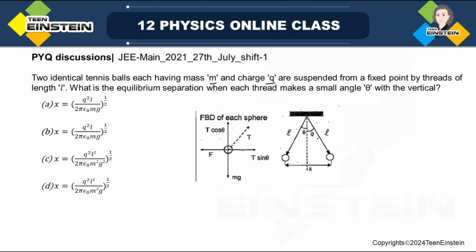Look at this figure over here. So two identical tennis balls, each having mass m and charge q. You might agree with me that whenever there are identical charges, they will experience a repulsive force, right, due to the electrostatic interaction.